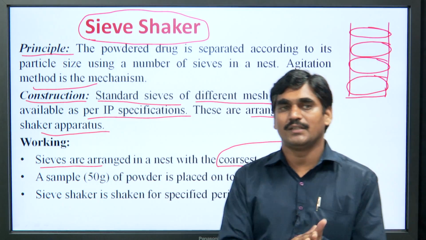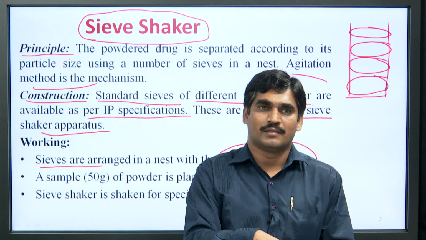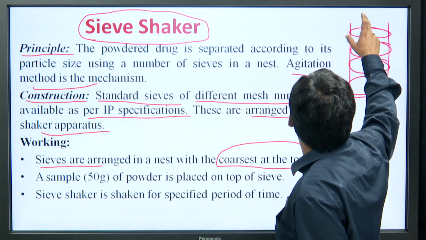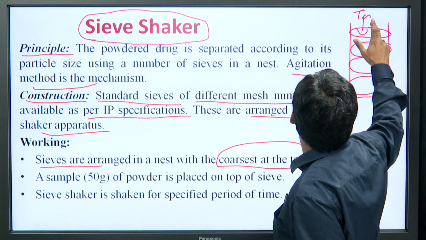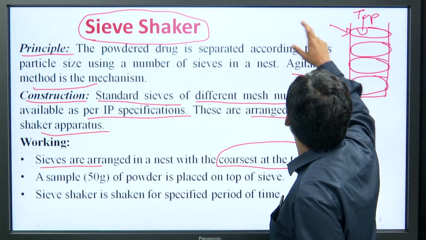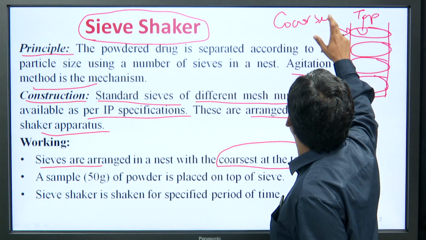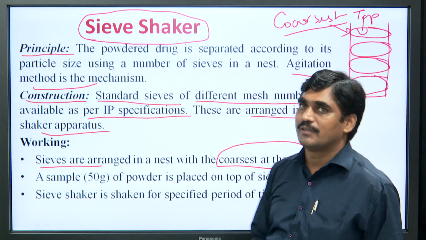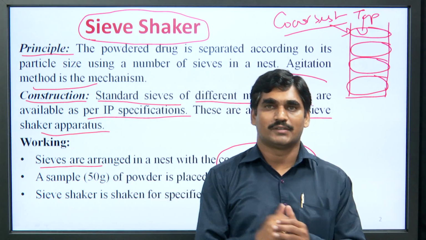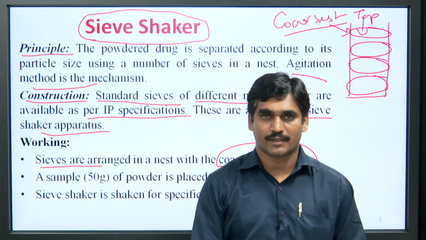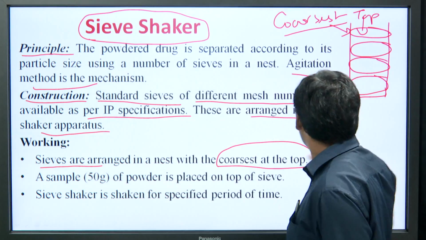That means the sieve having larger aperture size or mesh size is kept at the top position.